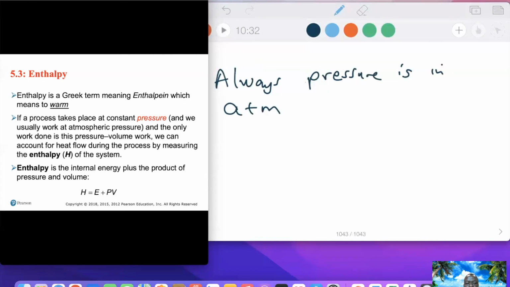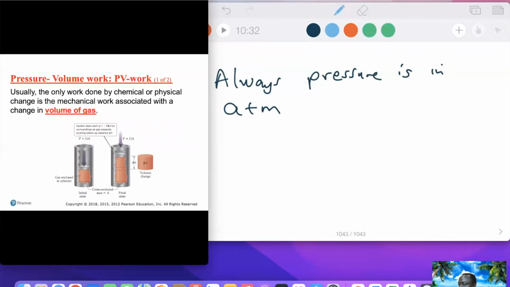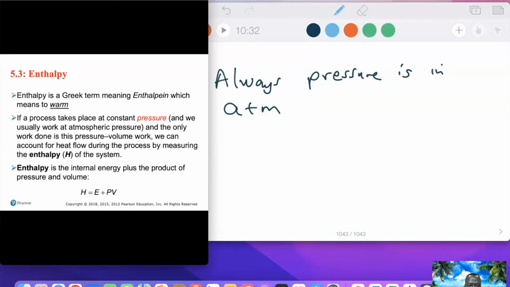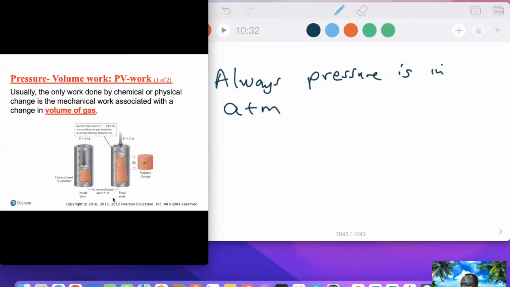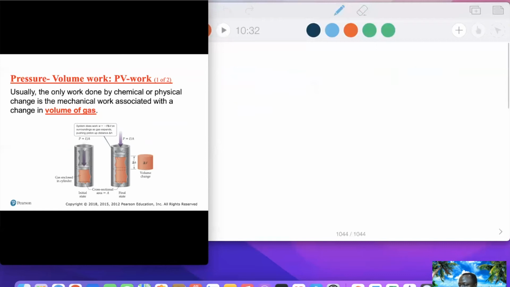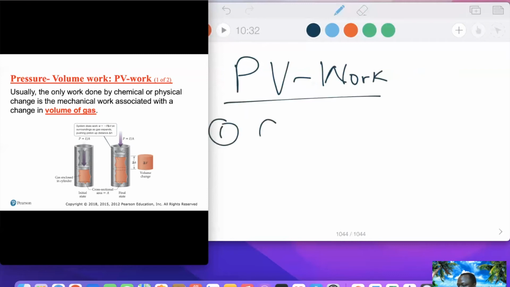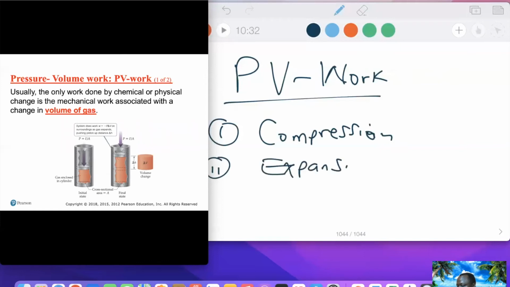It's changing volume, so that when we have compression, let's look at this volume here and pressure first. Pressure-volume work, we call it PV work, can be either through compression or expansion.